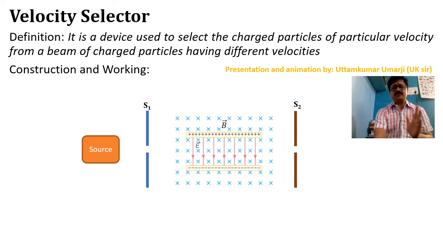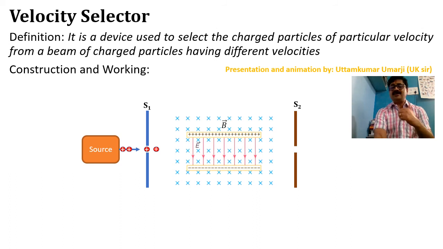And there is a source which is kept outside S1, on the left side of S1, and this source is going to send the charged particles, and these charged particles enter through S1 into the velocity selector. When they enter inside, the electric and magnetic fields both exert a force on these charged particles.